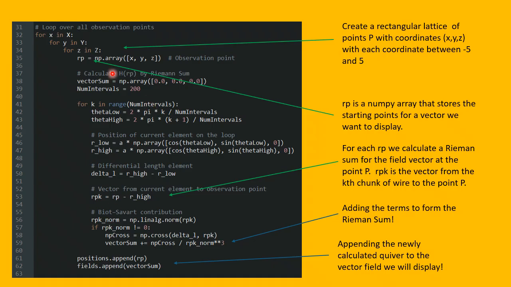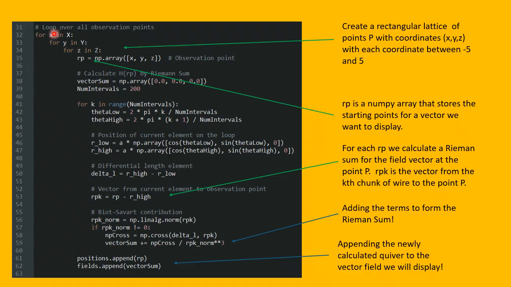Let's look at this second portion of code. Let's remember that capital X, capital Y, and capital Z were created using linspace from -5 to 5, comma 6. So when we have these nested for loops here, for little x equals capital X, for little y equals capital Y, for little z equals capital Z, what we're going to do in iterating through these nested for loops is create lots of points x, y, z, which we can think of as a point in three-dimensional space, whose coordinates are somewhere between -5 and 5.